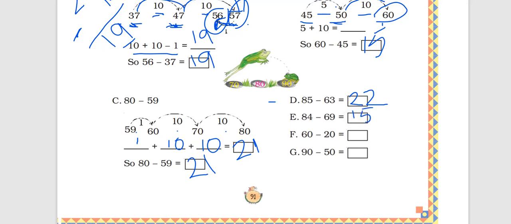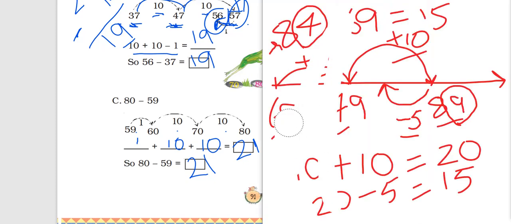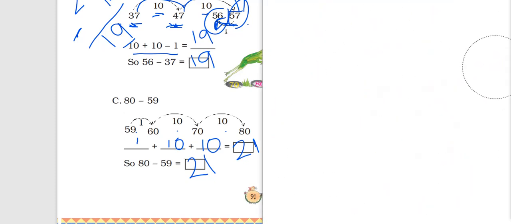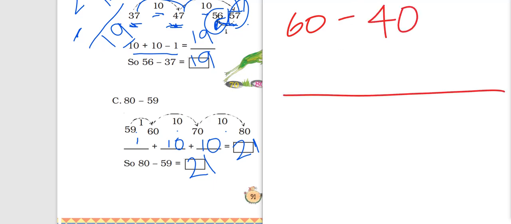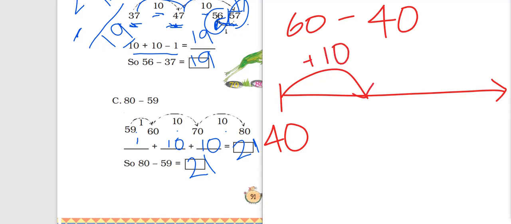Okay. The next one is 60 minus 40. Okay. 60 minus 40. Oops. This seems like a straightforward one to me. Start with 40, add a 10. So 4 tens plus 1 ten is 5 tens.